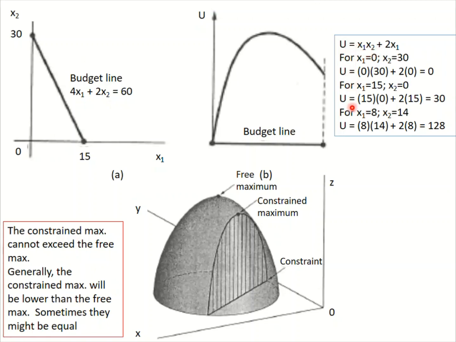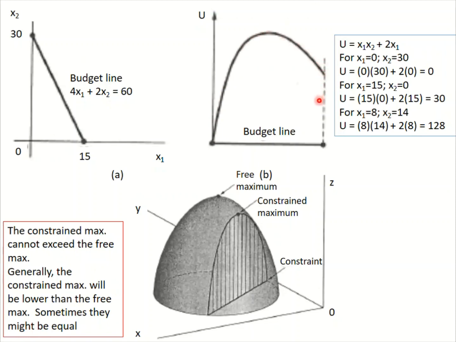For example, another affordable combination, X1 of 8 units and X2 of 14 units, gives a total utility of 128. That is what this graph is illustrating: the utility associated with the budget line. We are showing the amount of each good that we can afford and the associated level of utility.